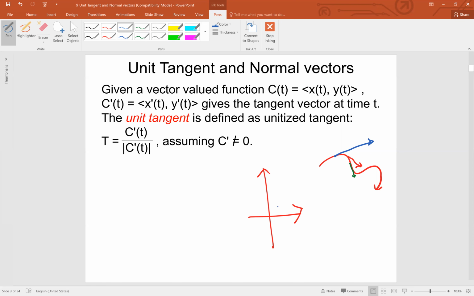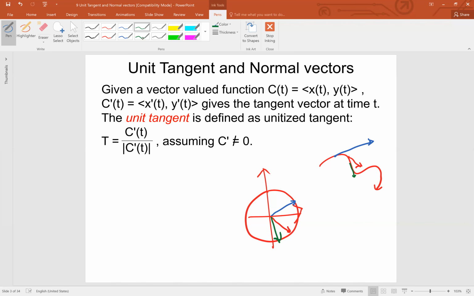So what I do is I unitize them. In the standard notation, for the blue one it will be this unit vector, for the red one it will be pointing down that way, and for the green one pointing down that way.